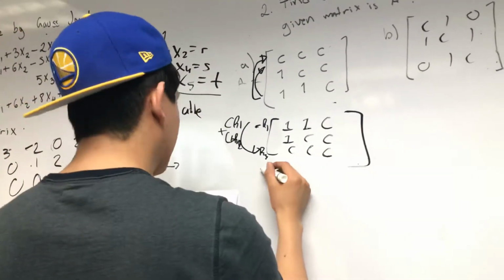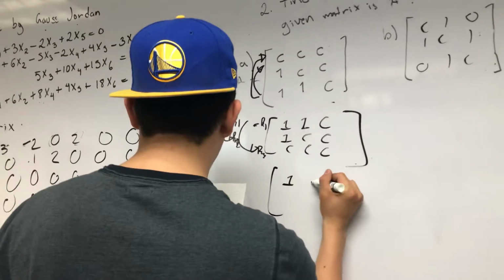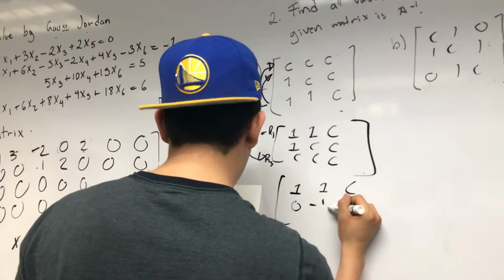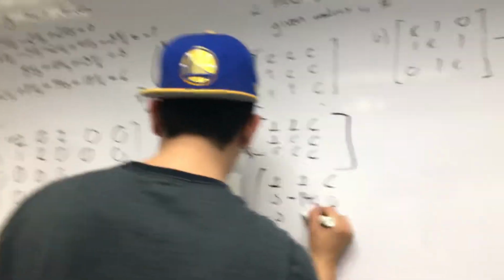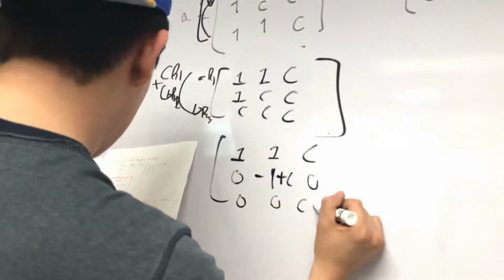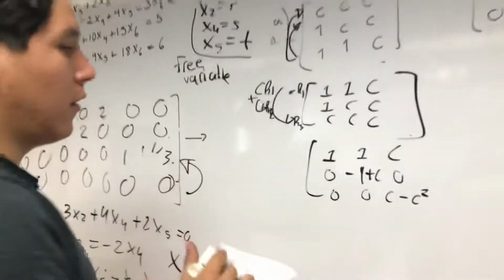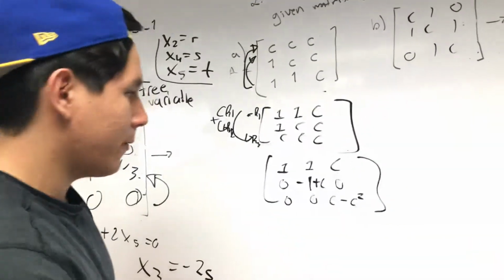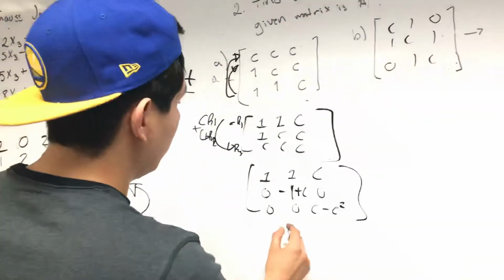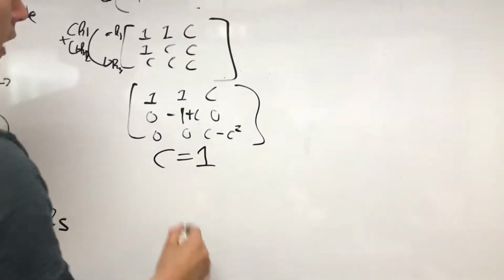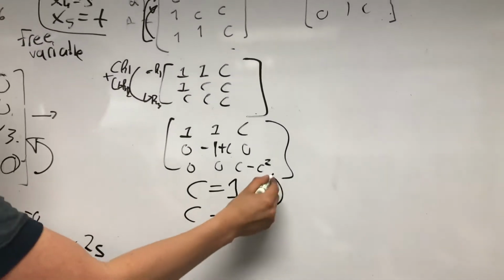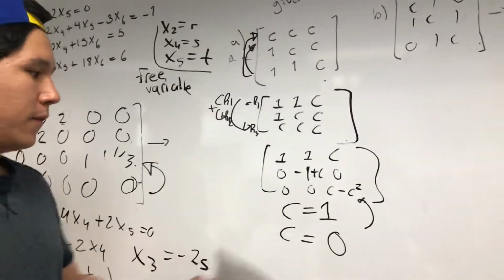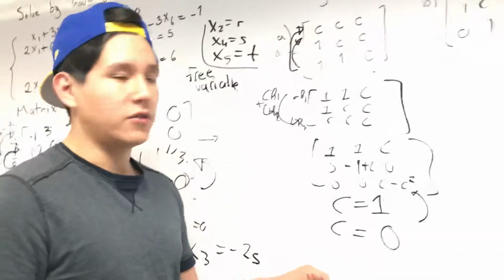By doing this, we have 1, 1, c, 0. We can stop here, because we know we cannot do this with c equals 1 and c equals 0. Substituting in these formulas, it will not lead us to 0. So it has to be a number that is not 1 or 0.